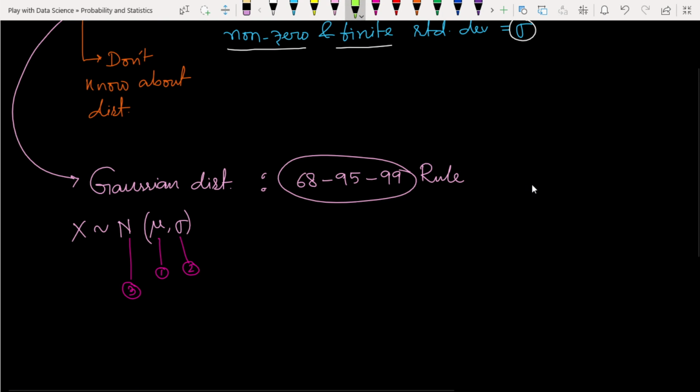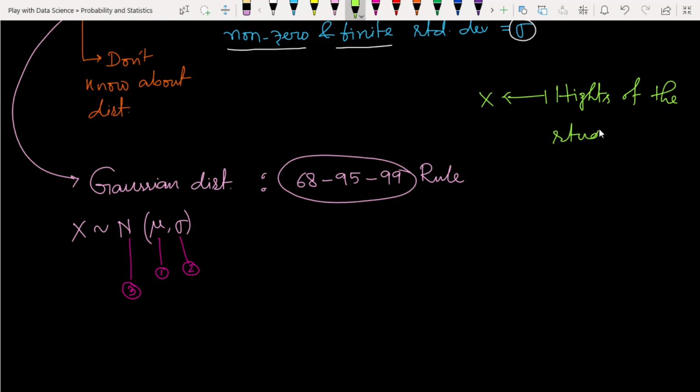Suppose the random variable X is the distribution of the heights of students.